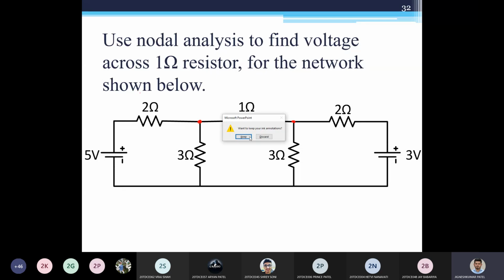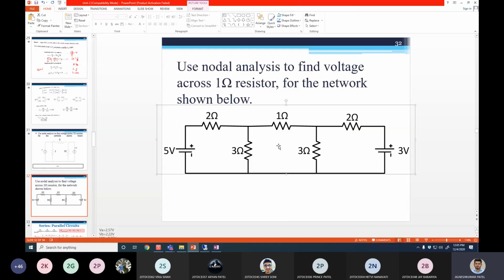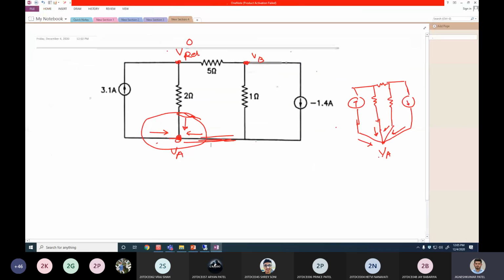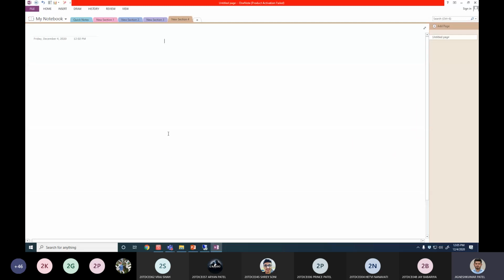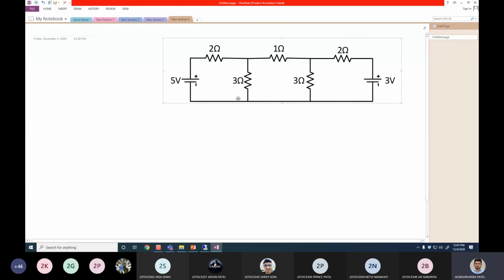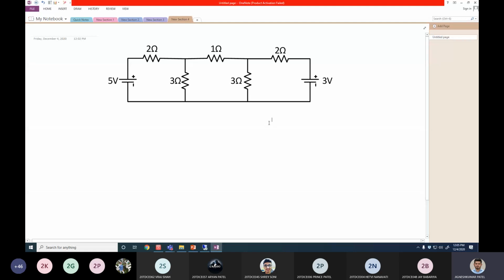Let me draw it over there. So this is my first node. Let us say this is my VA, this is my VB, and this is my reference node.